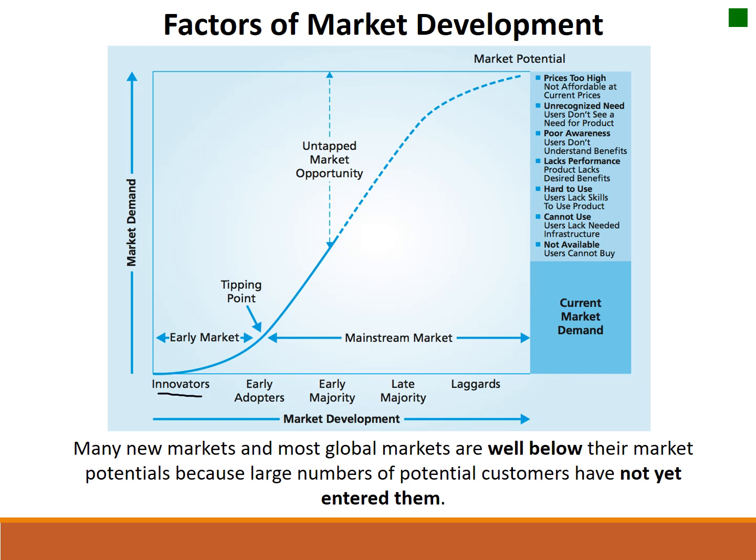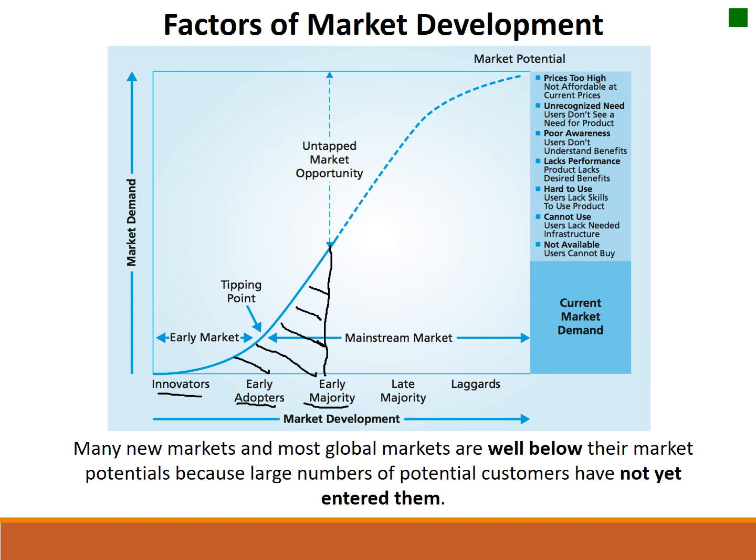So we have innovators and early adopters and the early majority consumers. And what we see here is that up to a point in time, these consumers have bought the product or adopted it or started using it, but we have all these other consumers that have not purchased yet.